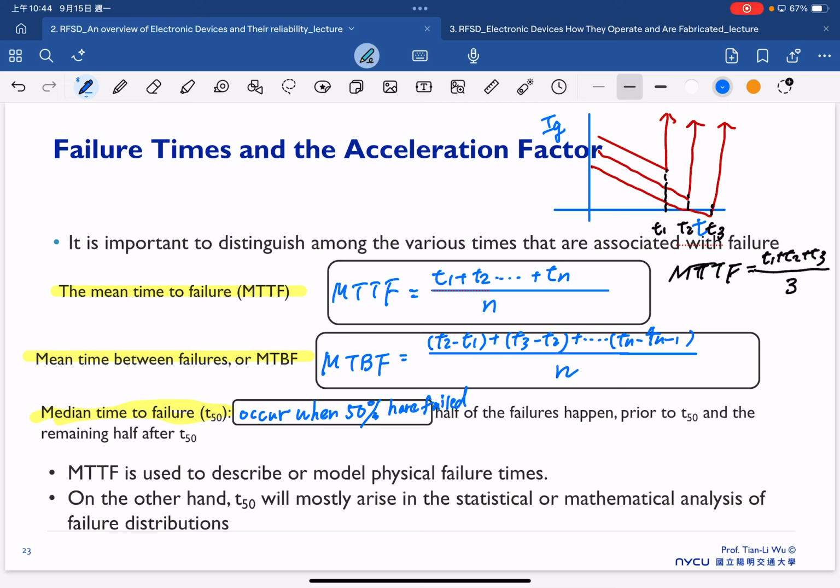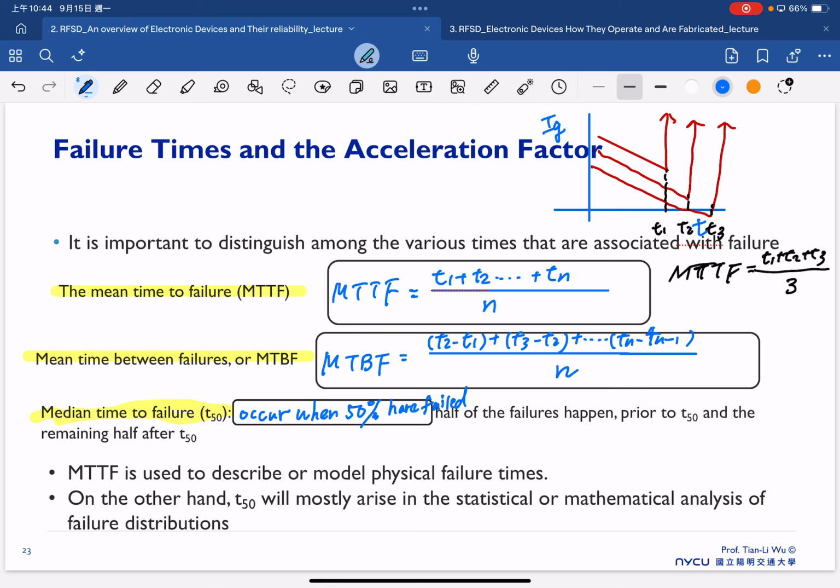So when you do reliability testing for a large amount of product, if you have 100 products, you test until you find that 50% of your product have failed. That's the time we call T50.